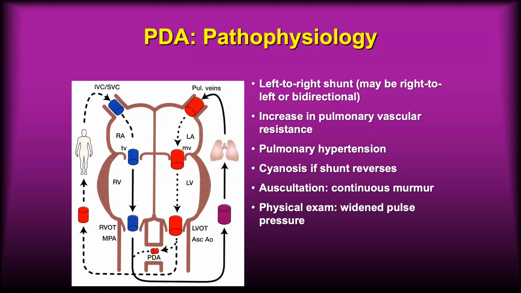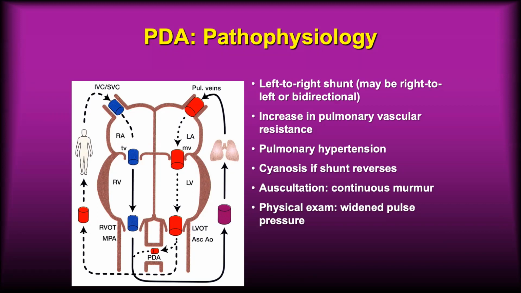Systolic pressure: I have extra blood flow going through the pulmonary circulation and coming into the left side of the heart. So that's going to mean a bigger stroke volume, which will give you a larger systolic pressure. So a larger stroke volume with less cardiac output? I wouldn't necessarily say less cardiac output. It would depend upon the size of the PDA as to how much is getting out to the tissues.